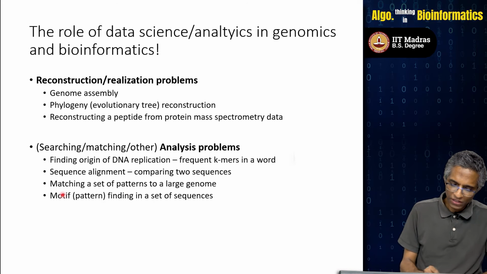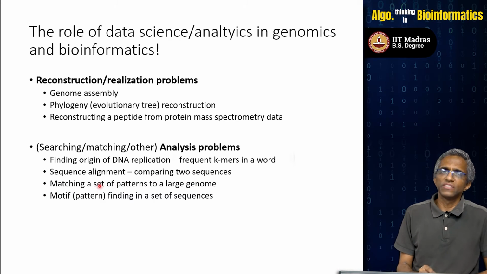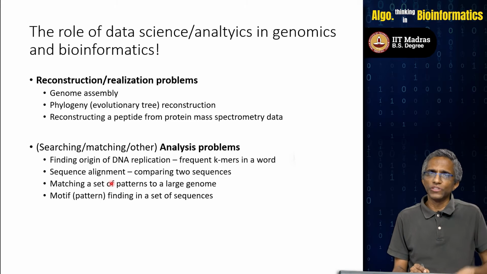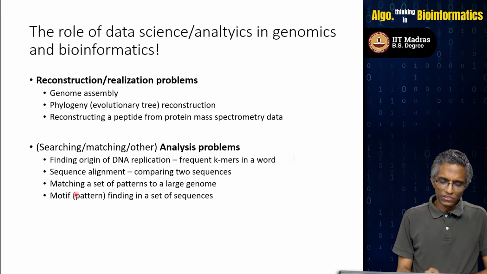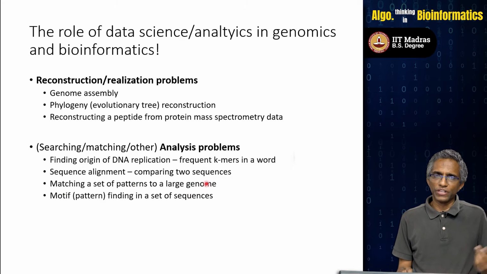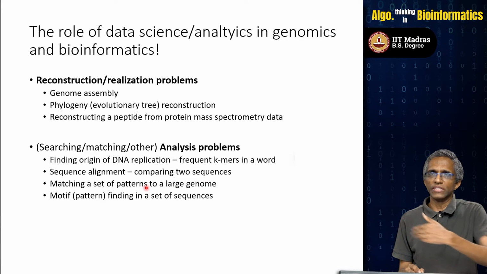We have also seen suffix trees and suffix arrays as data structures for indexing a large genome, so that we can match a numerous set of short patterns, short reads, to the large genome. That is also a case where your reference genome is given to you, you do not have to reconstruct it, the reads are all given to you, and you just need to match one against the other.